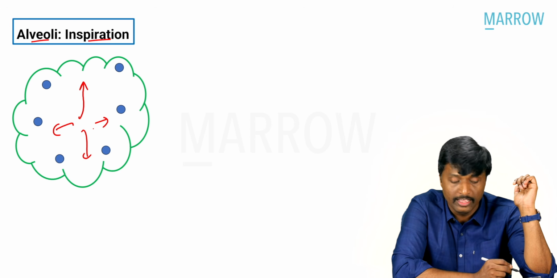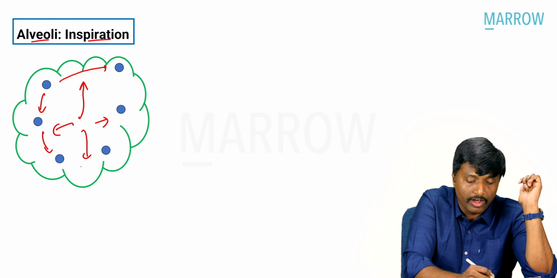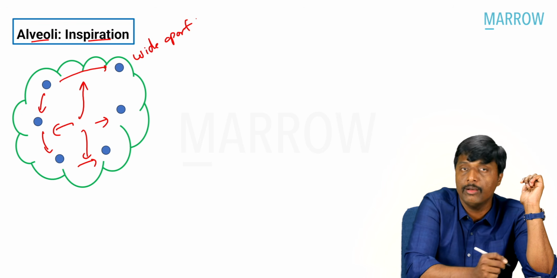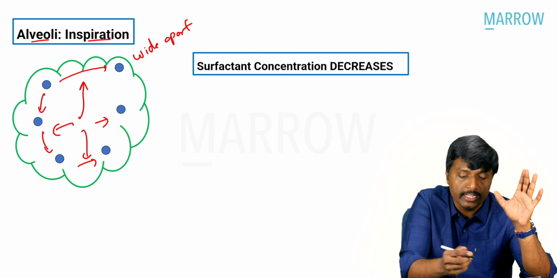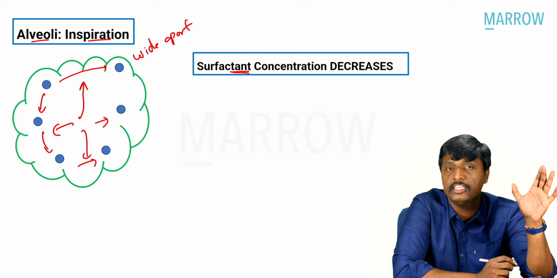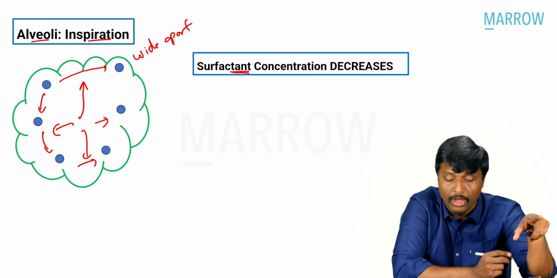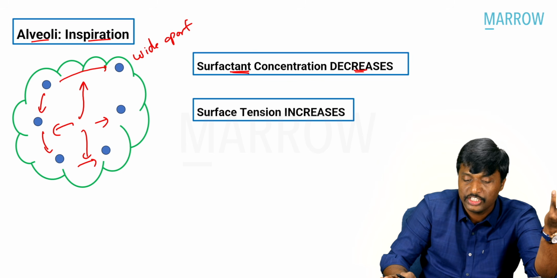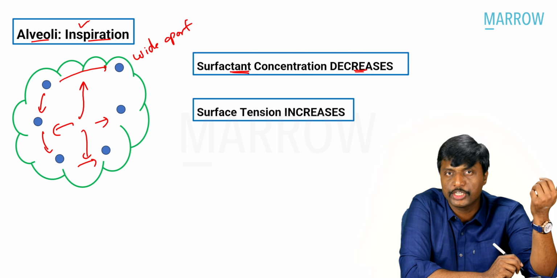Because of that, the surfactant molecules are wide apart. Surfactant concentration decreases. When the surfactant concentration decreases, what is the function of surfactant? To decrease surface tension. When the surfactant level decreases, obviously surface tension will increase. This classically happens during inspiration.